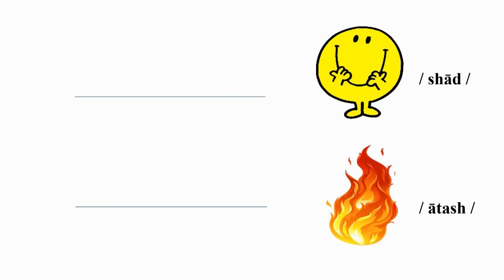As the first example, we have an emotion here, the smiley. What is it for an emotion? Yes, shad. Repeat after me. Shad. Happy. So we have the initial she with 3 teeth, 3 jacks.